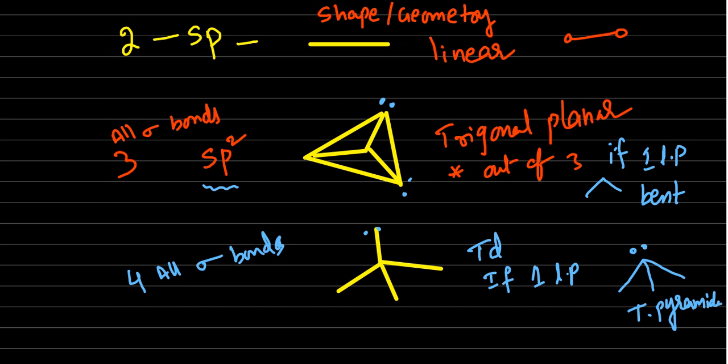Suppose two lone pairs are there. Keep the two lone pairs here. Then the remaining shape is just a bent structure. The geometry is bent. Hybridization is sp3.